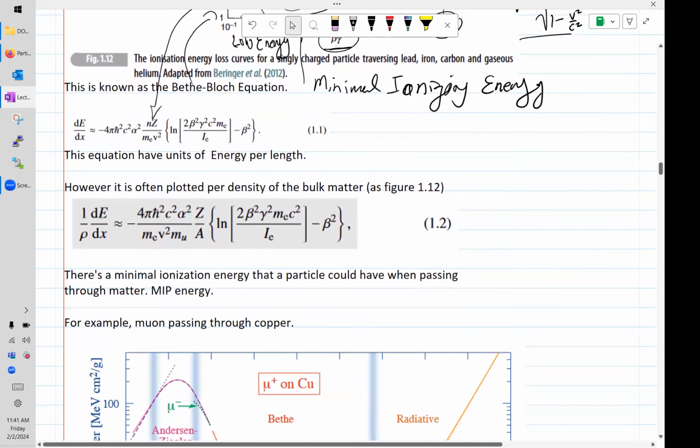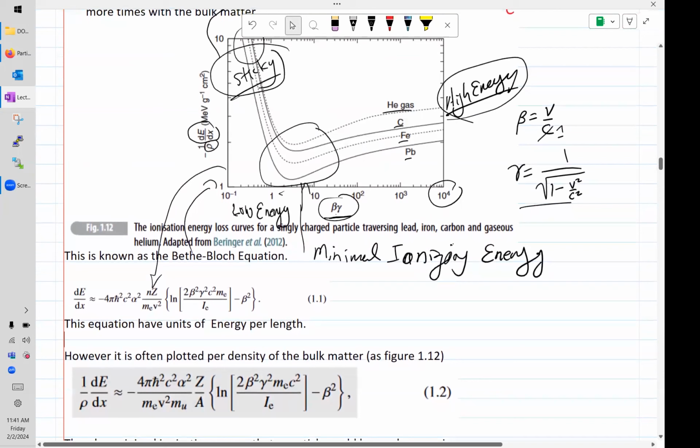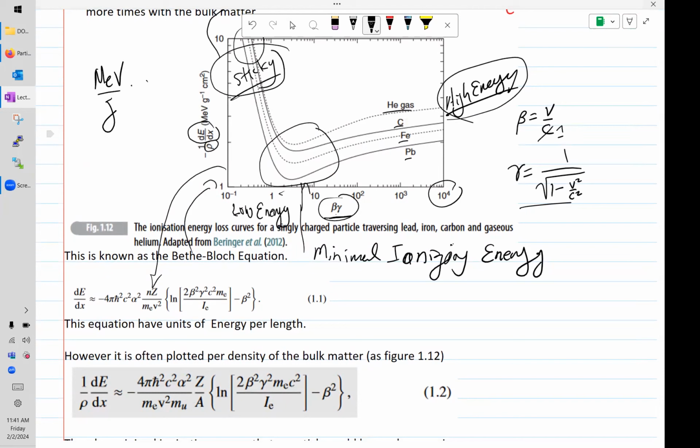Because notice the unit here. The unit here is MeV per gram times centimeters squared. So what is the unit of density of a material? Usually in SI units, it's mass over volume, so kilograms over meters cubed. But since we're using grams here, we can use grams over centimeters cubed.